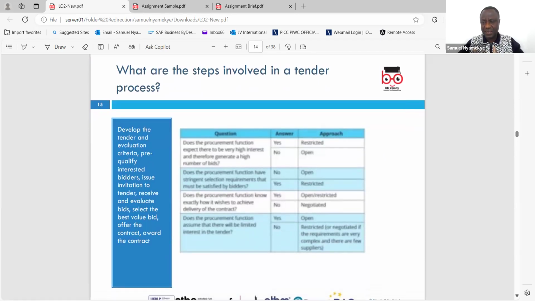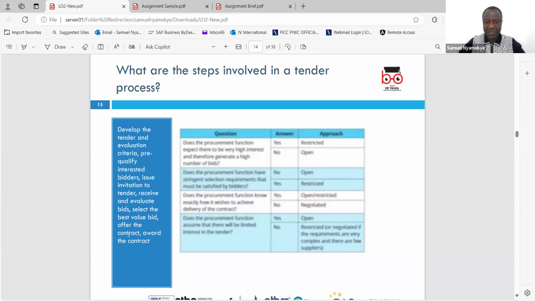Like we said, it's just like the buying process. But here we develop the tender and evaluation criteria. You do qualification of those who are interested. You receive, obviously, the tenders or the bids. Then you evaluate them and select whoever is competitive based on the evaluation or the assessment, and award the contract.